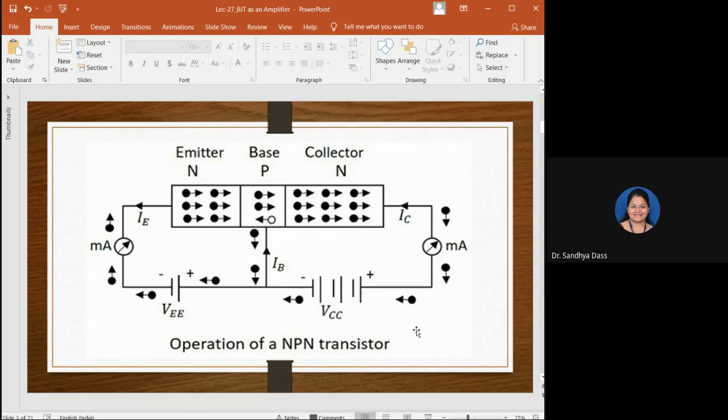So if we want the BJT to perform as an amplifier, we have to design the circuit in such a way that the device operates in active mode. Let us understand what they mean.